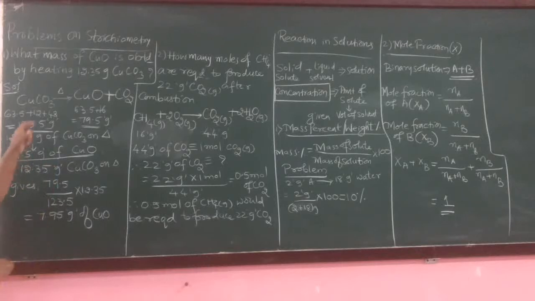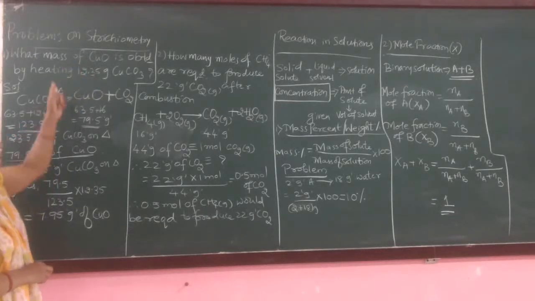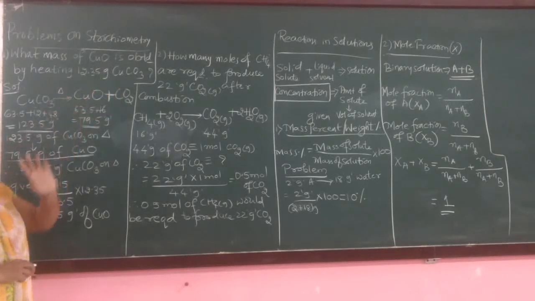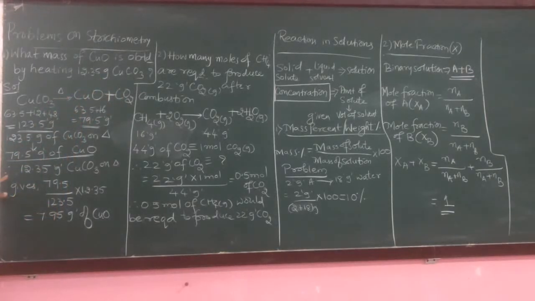But what is asked in the problem? What is the mass of copper oxide obtained on heating 12.35 grams of copper carbonate? So you should write it as: therefore, 12.35 grams of copper carbonate on heating gives, applying ratio and proportion, 79.5 into 12.35 divided by 123.5, which comes out to be 7.95 grams of copper oxide.